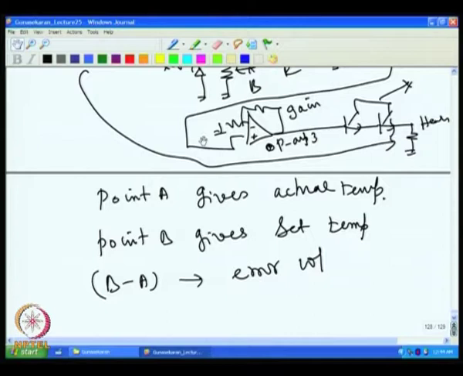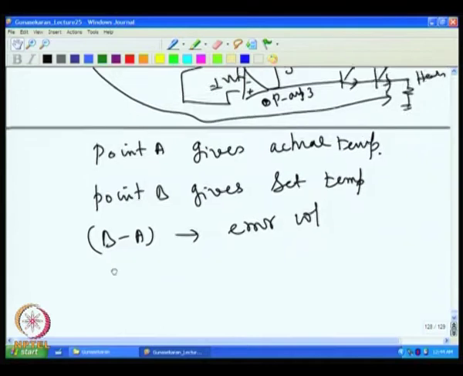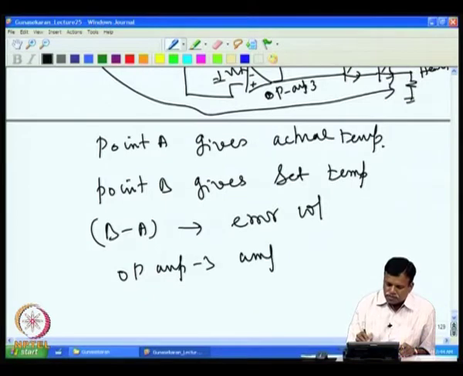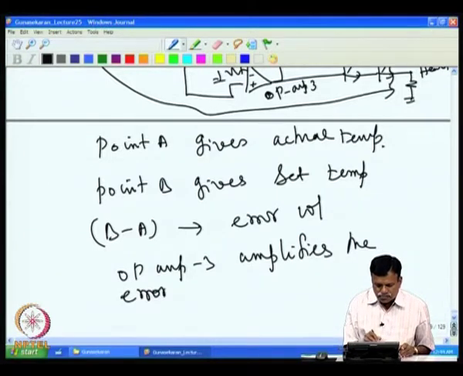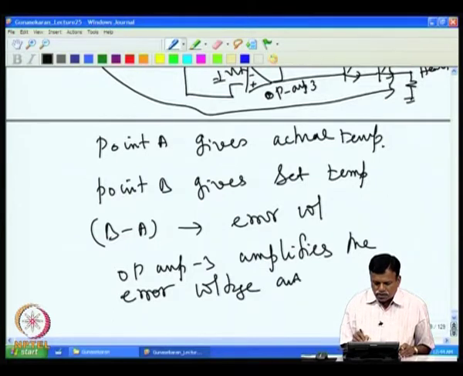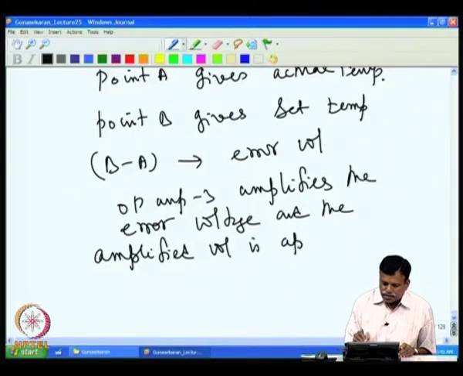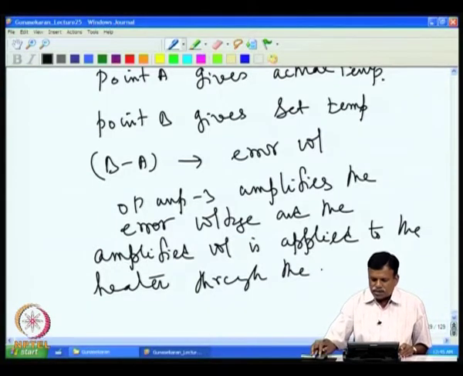Now we will continue to write the functioning of the circuit: B minus A gives the error voltage, then op amp 3 amplifies the error voltage, and the amplified voltage is applied to the heater through the transistors.